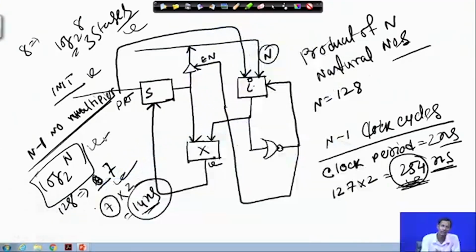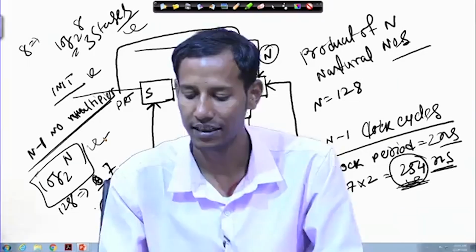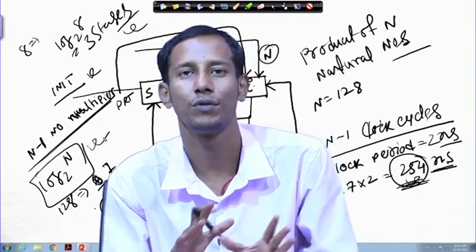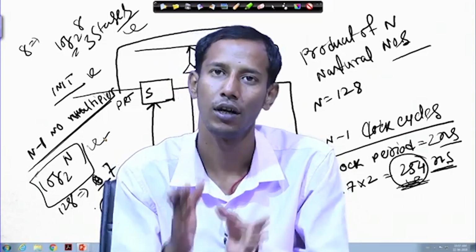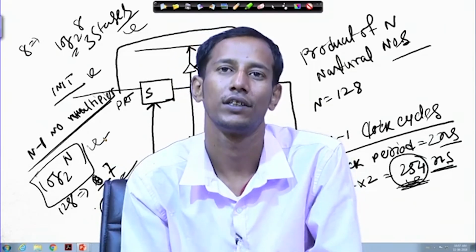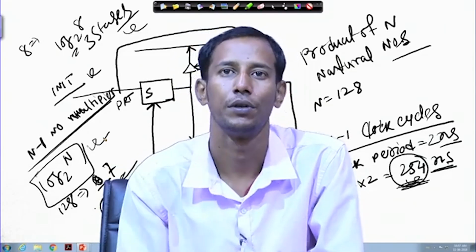Here I am purchasing time at the cost of area, and there I am purchasing area at the cost of time. These are the two different implementation techniques for one particular architecture or circuit implementation.